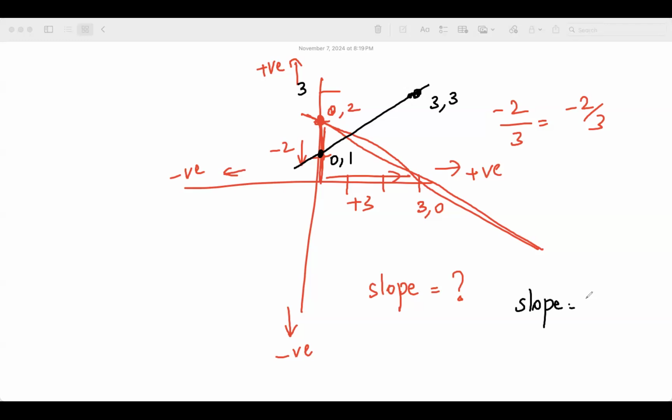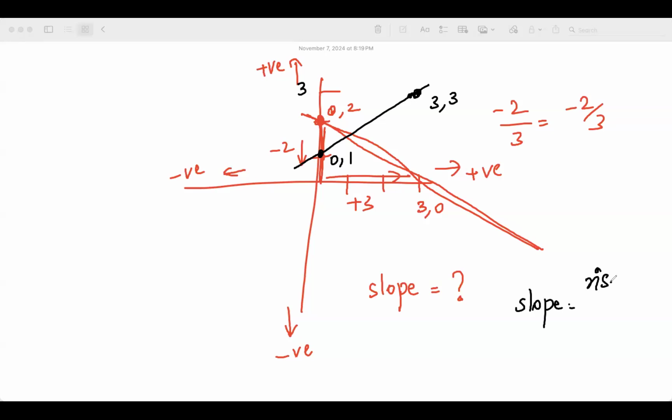Done. Slope of that line. Good. Sanvi, you have to be careful with the signs. Please check. Arush, it's rise by run.